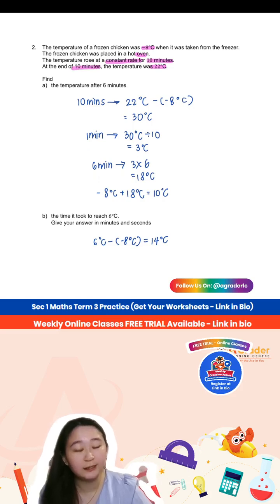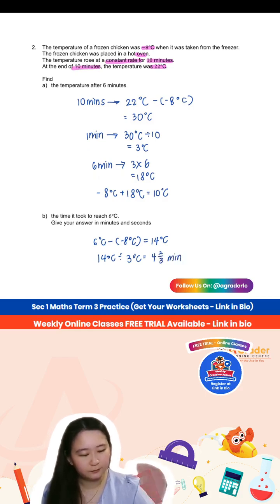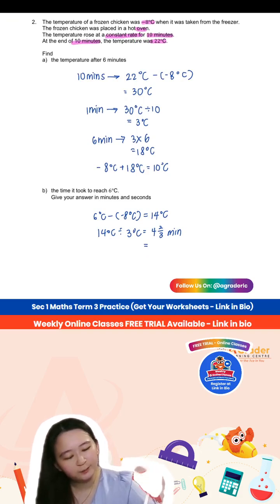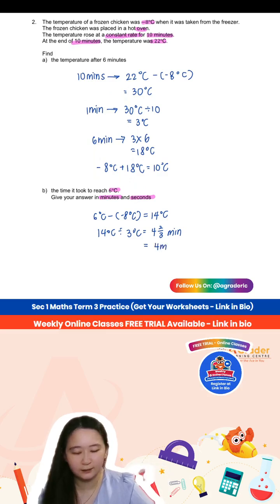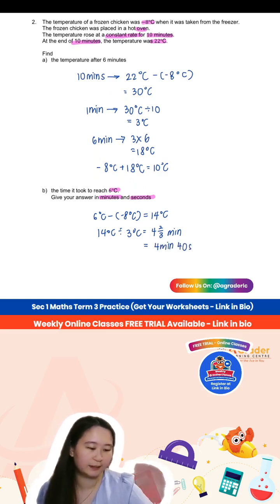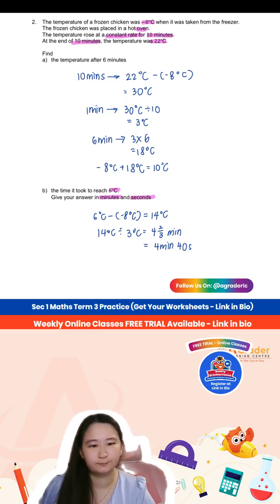Okay, so per minute there's an increase of 3 degrees Celsius. So we take 14 degrees Celsius divided by 3. We will get 4 2/3 minutes. They ask you to give in minutes and seconds. So it will be 4 minutes 40 seconds. We can take 2/3 times 60 to find the number of seconds.